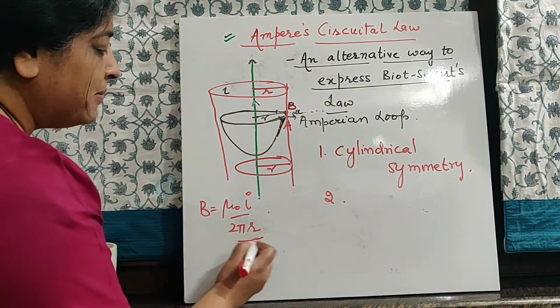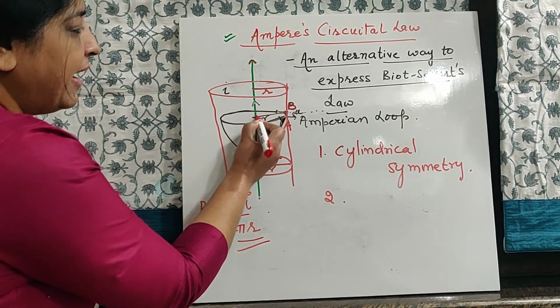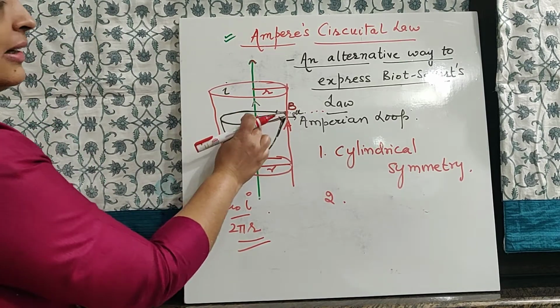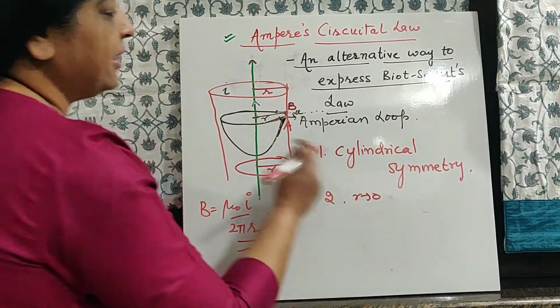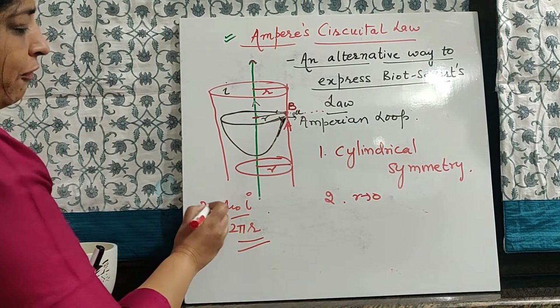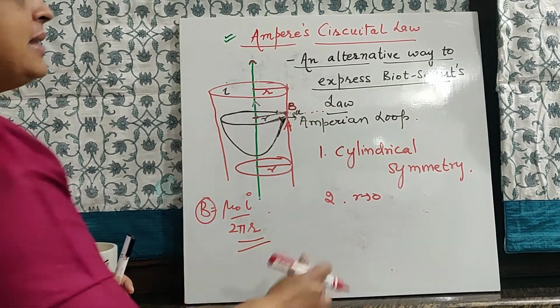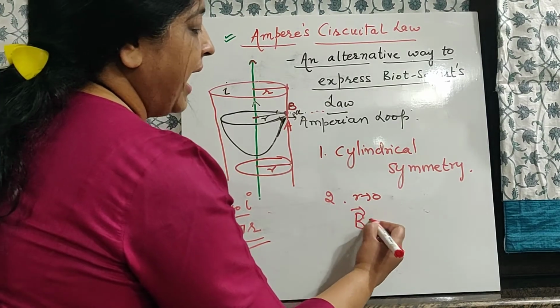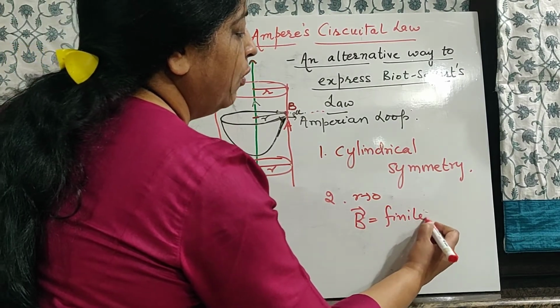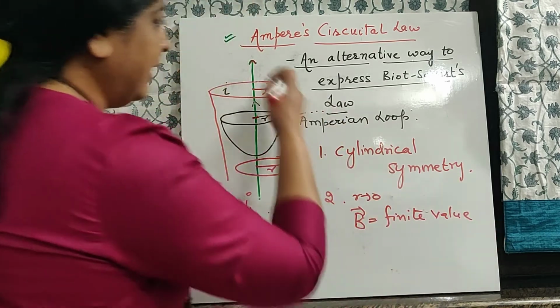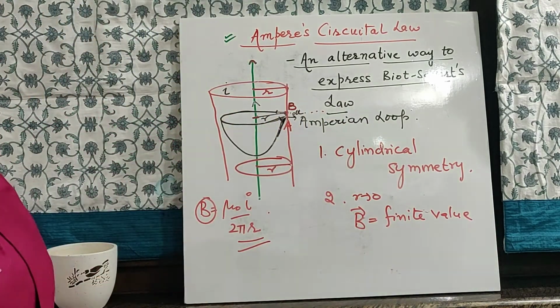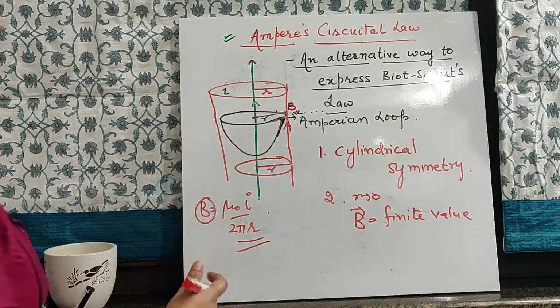It only becomes infinite if we are very, very close to the conductor when R approaches 0. If R is 0, then obviously our magnetic field will become infinite. But otherwise, the magnetic field has a finite value, although the length of the conductor that we have taken is infinite.